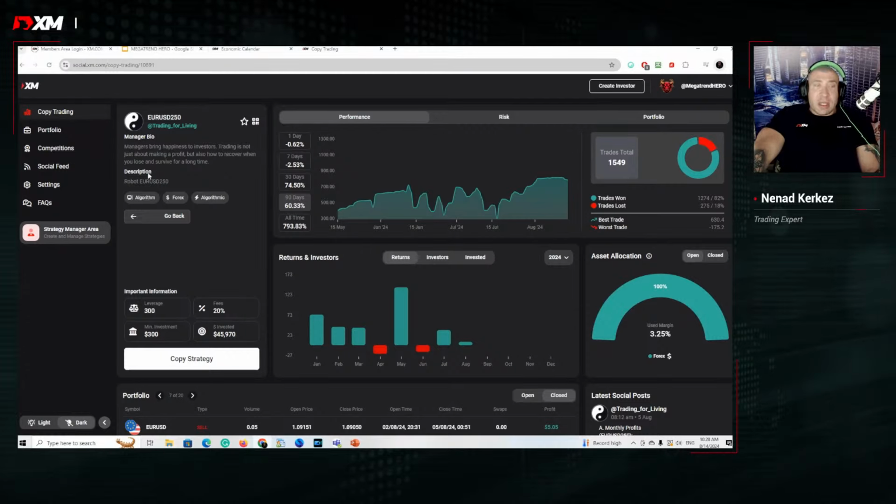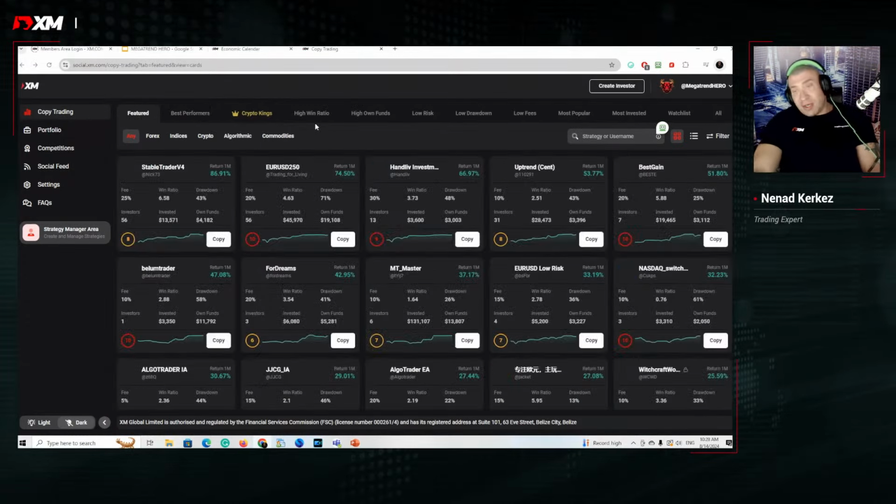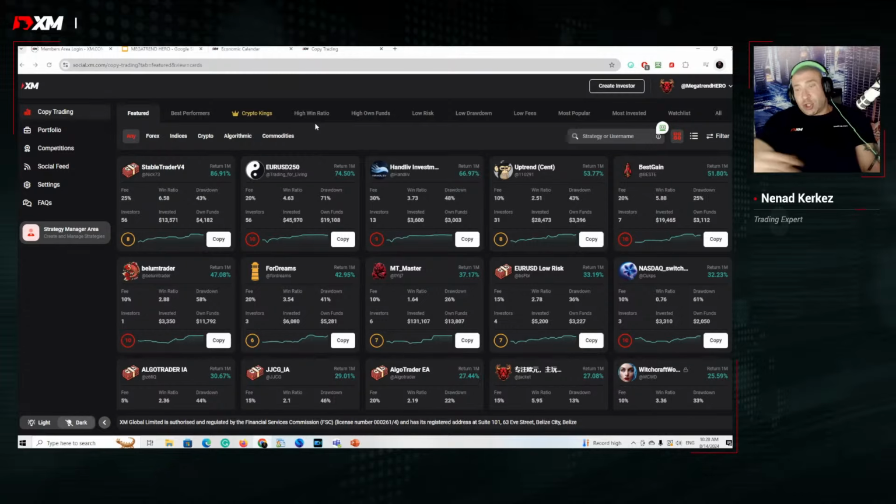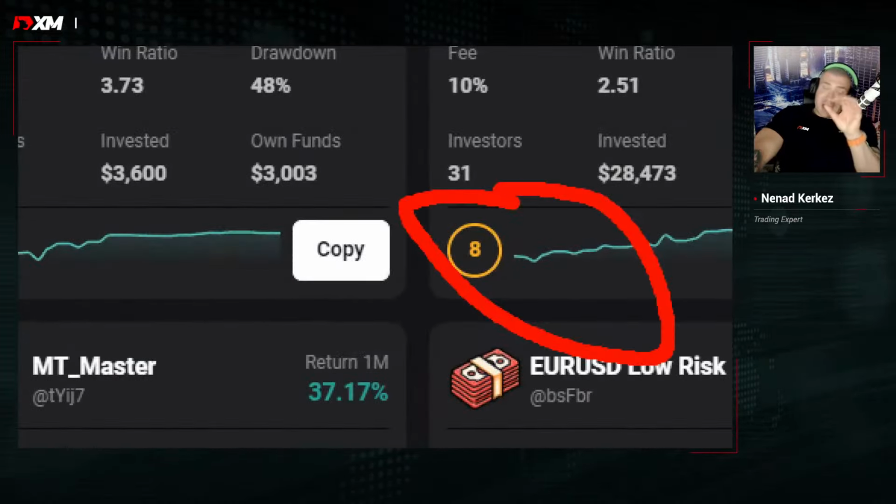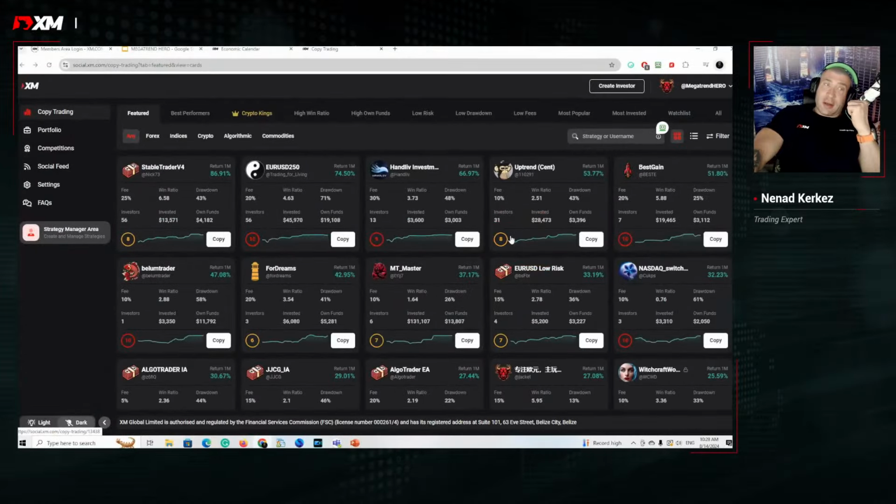Now, guys, look, maybe some of you are interested in a low risk strategy. So for a low risk strategy, you need to look at the score here. The lower the score here at the bottom left corner, it means that the strategy is lower risk.